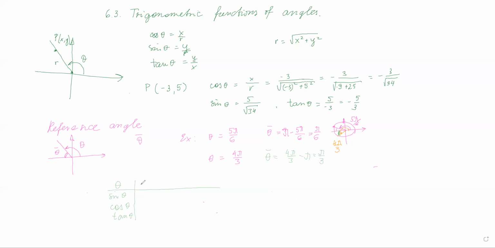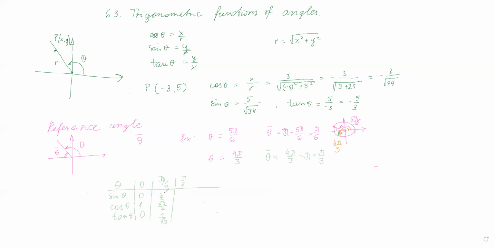And we're going to start with 0. So sine of 0 is 0, cosine is 1, and tangent is 0. And the next one is going to be pi over 6. And that's going to give us 1/2 for sine, square root of 3 over 2 for cosine, and 1 over square root of 3 for tangent.